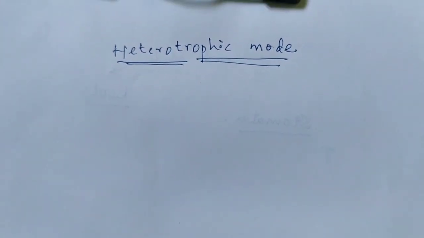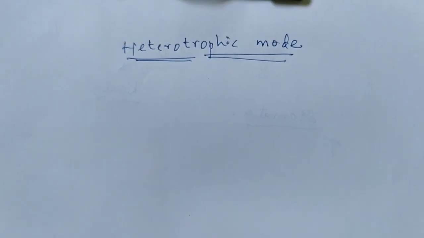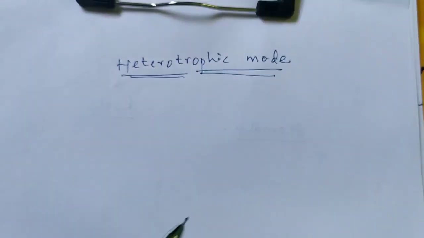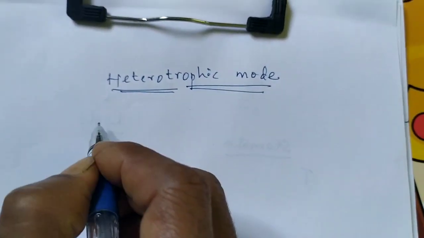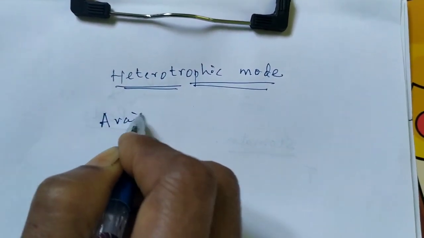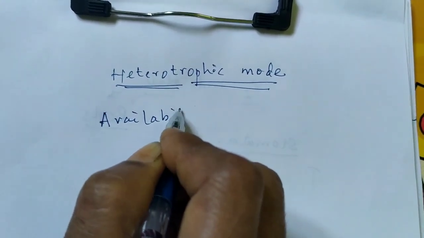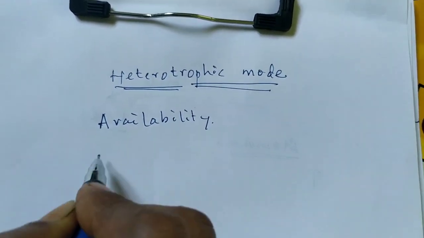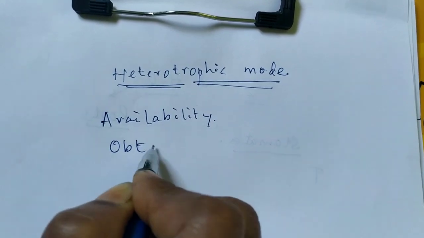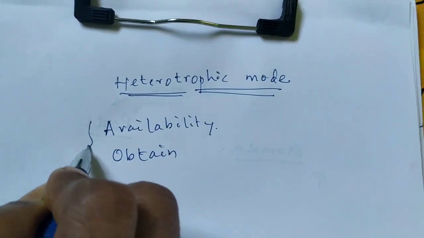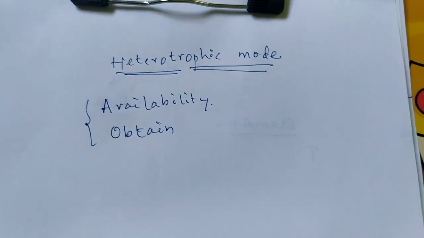The heterotrophic mode of nutrition in different organisms depends on the availability of food and the way they obtain it. So, depending on the availability of food and the way they obtain it, there are different modes of heterotrophic nutrition, different types.